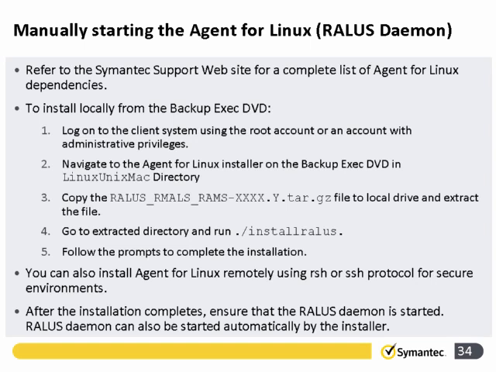Just follow the prompts, and it should create the BE Opera group for you automatically. You could push this using RSH or SSH if those are available in your environment. After the installation completes, make sure that the Rawlus daemon is started. It should be automatically started by the installer.